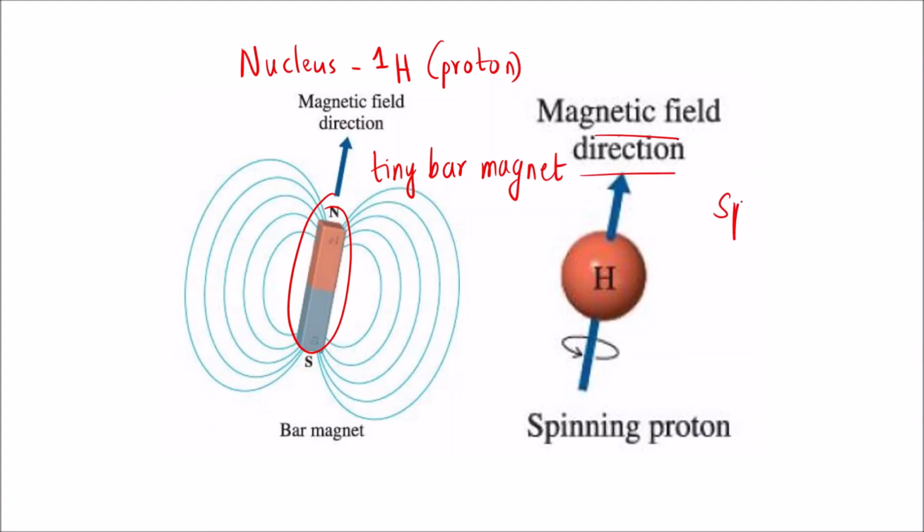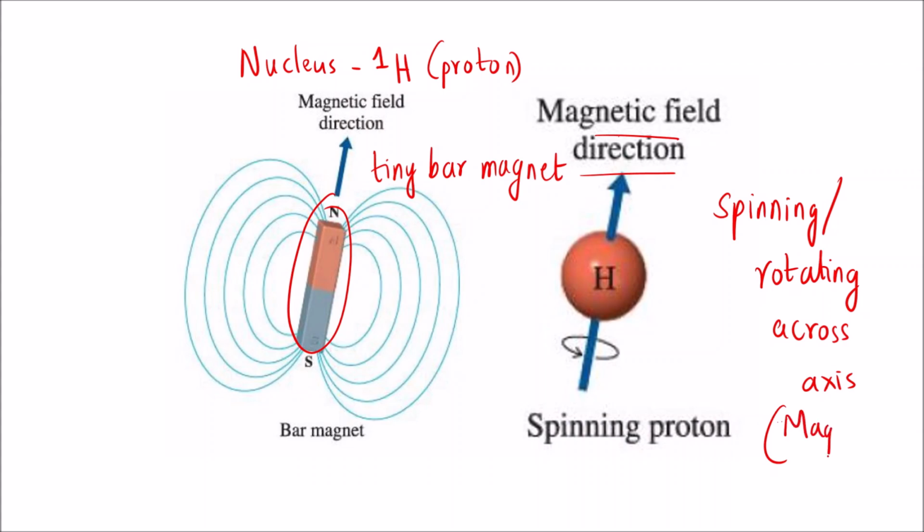It starts spinning, or rotating across its axis, when it is subjected to a magnetic field.